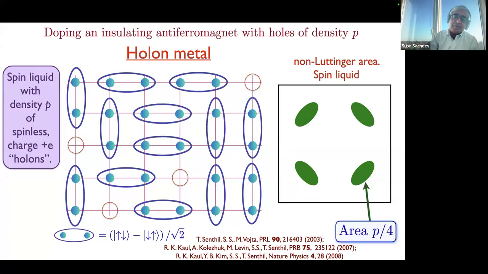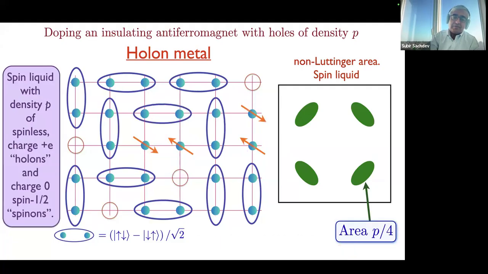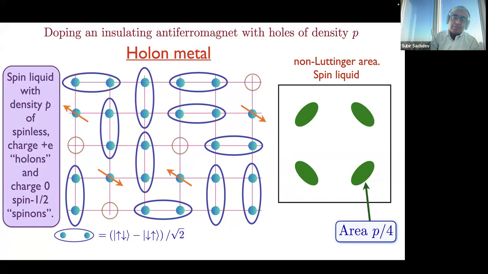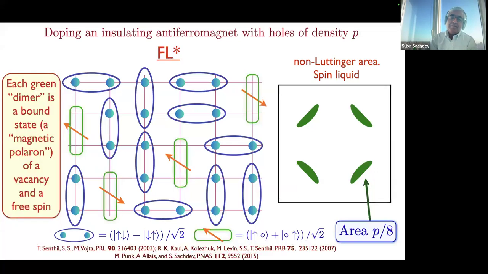So now this spin liquid also has spinon excitations. So you can break the singlets into spin-half spinons. And each spinon can now move around. But let's imagine they all move around and find a holon, and then they form bound states.